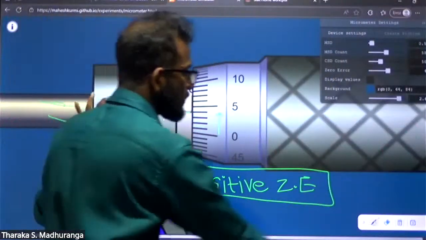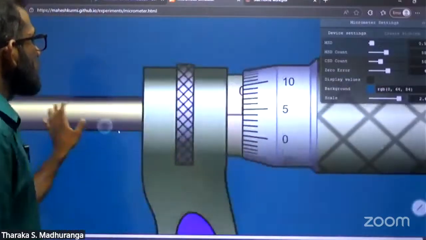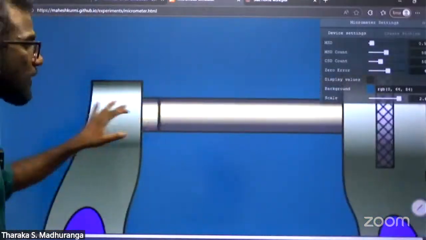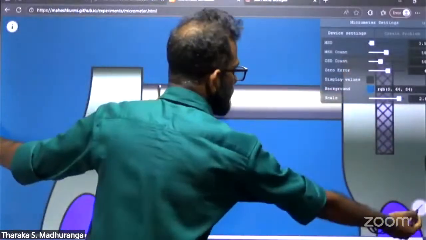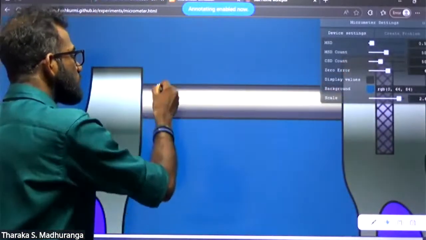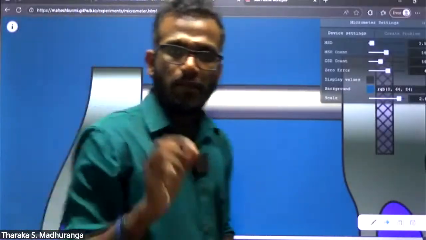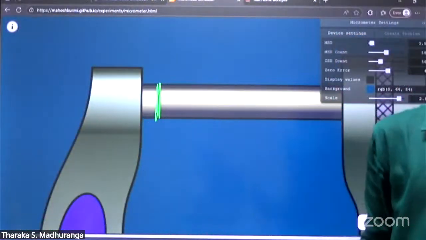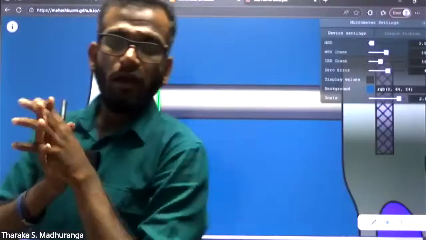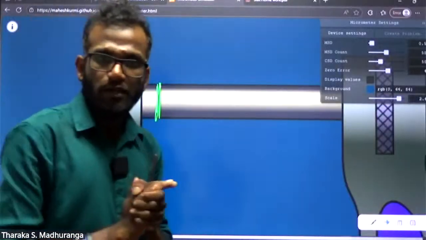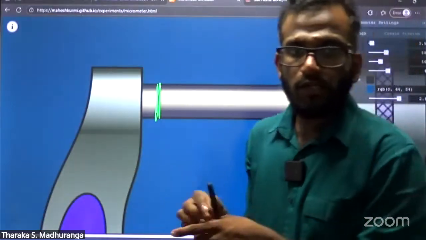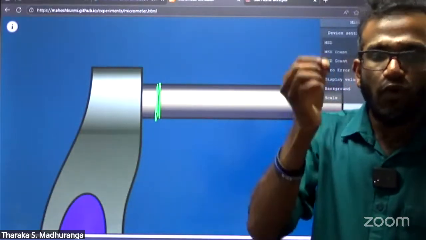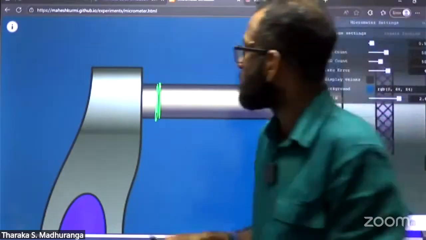The main reason is something applied between the surfaces: corrosion between this anvil and spindle. That's the main reason. When it is corroded, a smooth surface is formed between anvil and spindle.